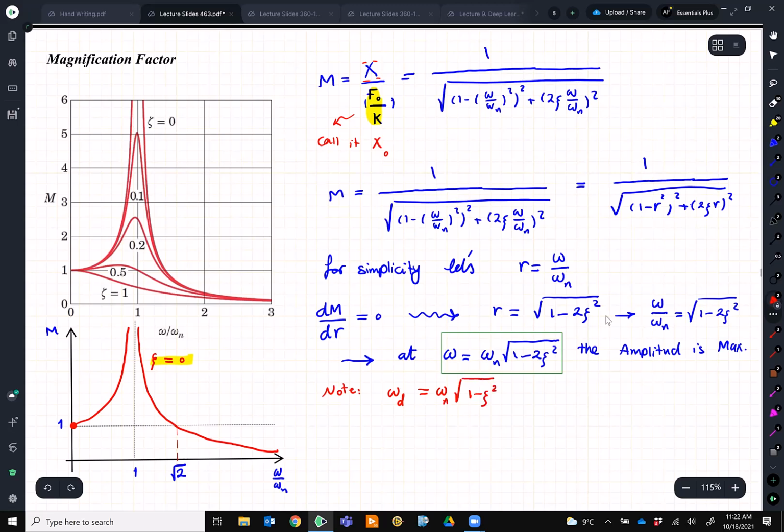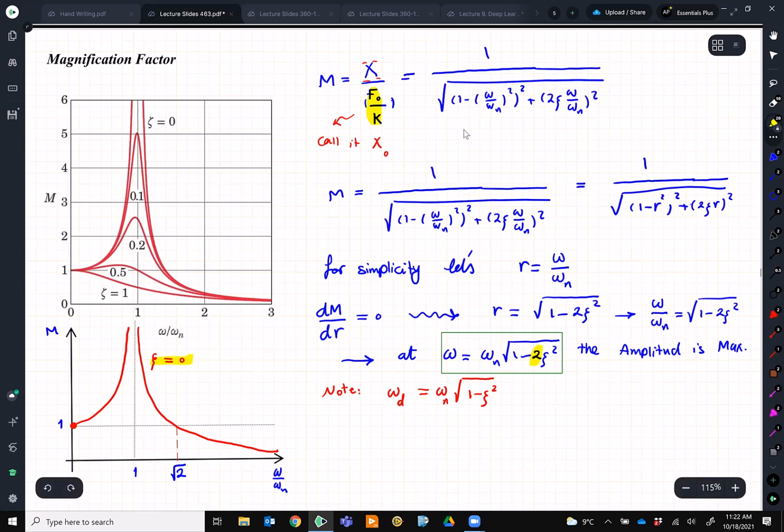So there is a 1 and a 2 here. These two things are totally different. Omega d is the damped natural frequency. This omega that we just found is the frequency of the force that we apply, which gives us a peak of vibration, a maximum number for this M. What is this M? M is the magnification factor. It tells me how much x I will get. All right, so be careful about that one.